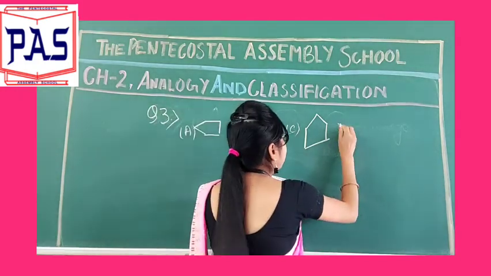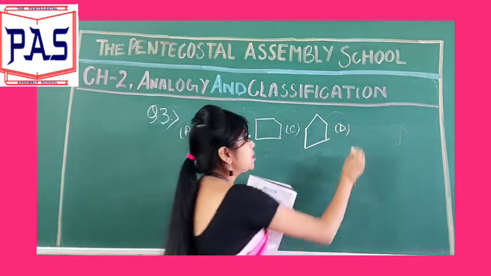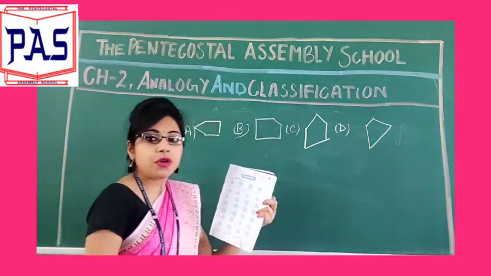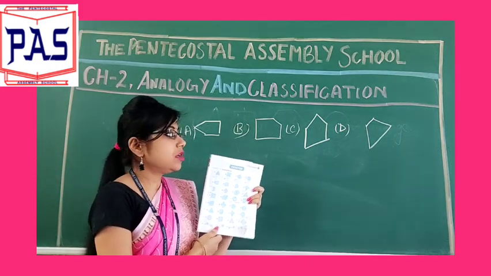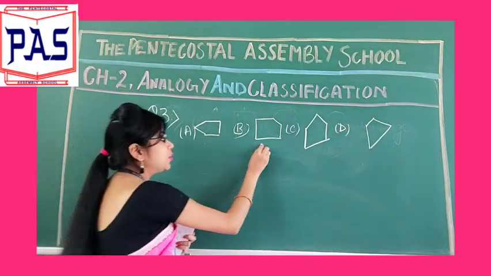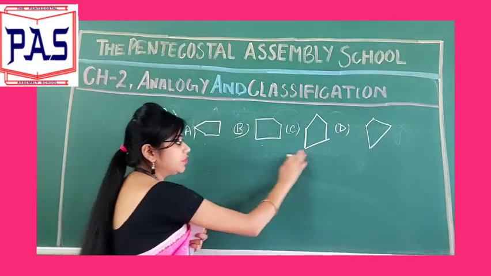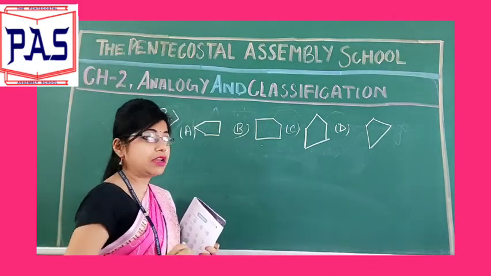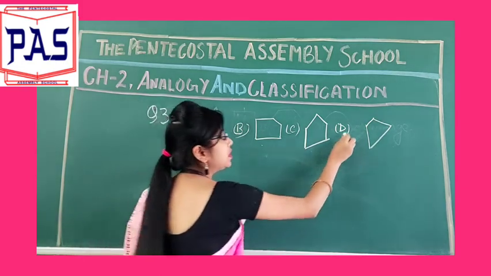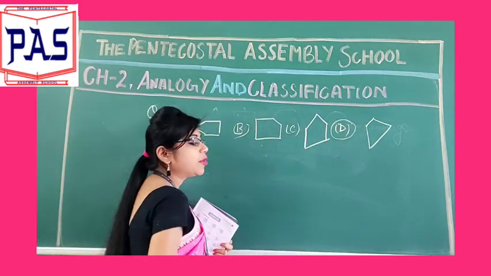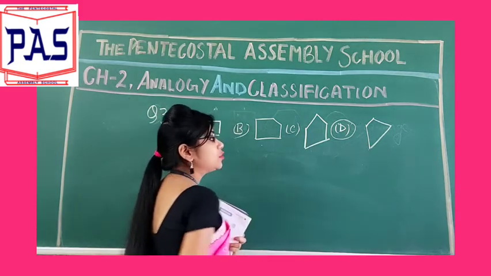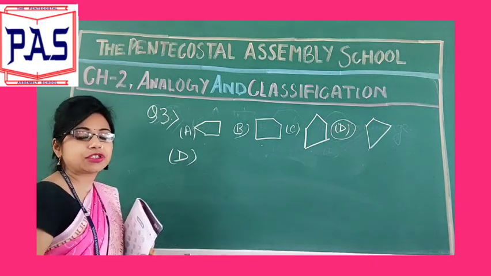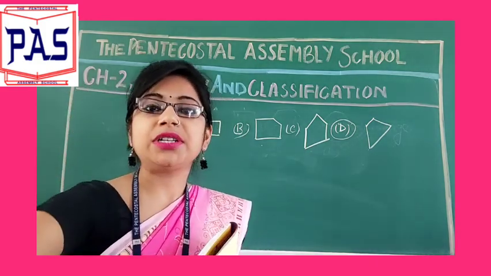But the figure in option D has only 4 sides. So which one is odd? In options A, B and C, the number of sides is equal, but in option D, the number of sides is not equal. So for question number 3, the answer is option D.